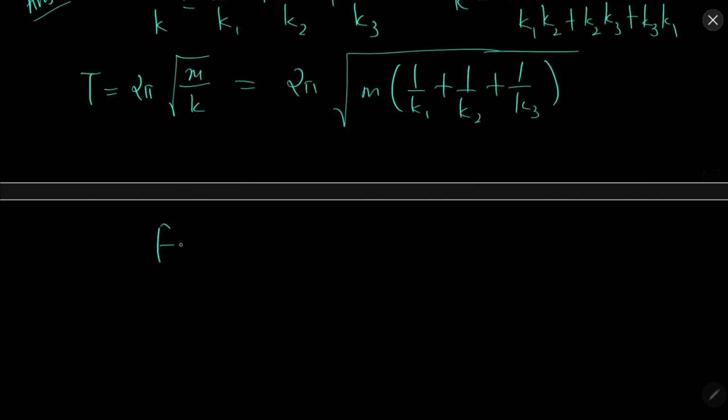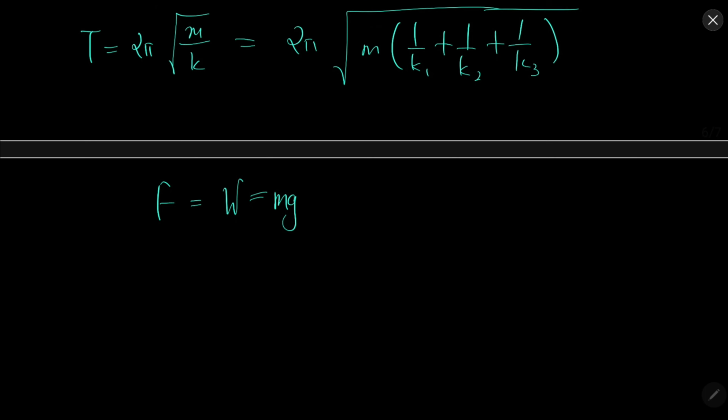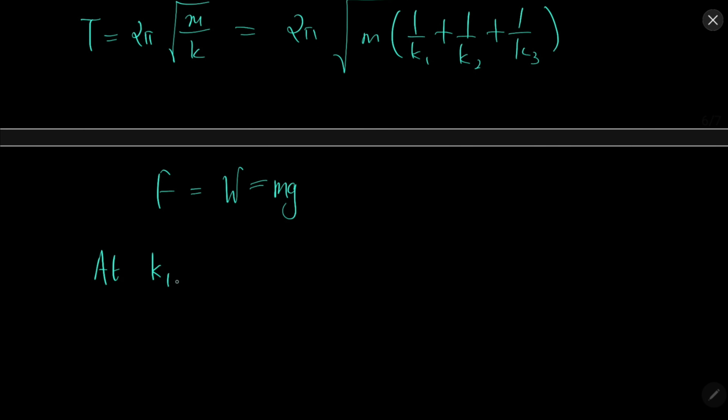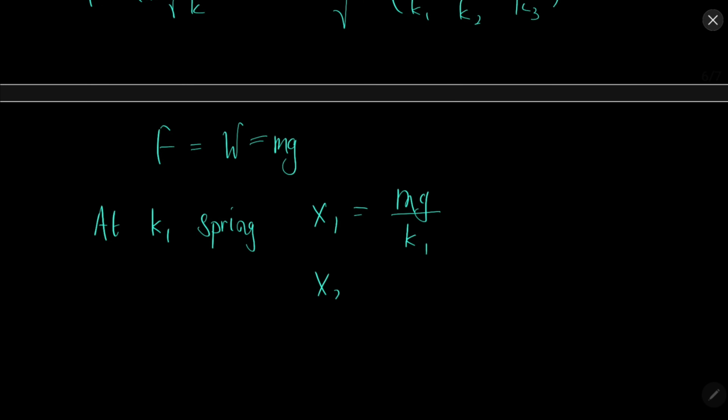And force will be weight, which will be mg. Now at K1 spring, x1 will be mg over K1, at K2 it will be x2 equal to mg over K2, and at K3 it will be mg over K3.